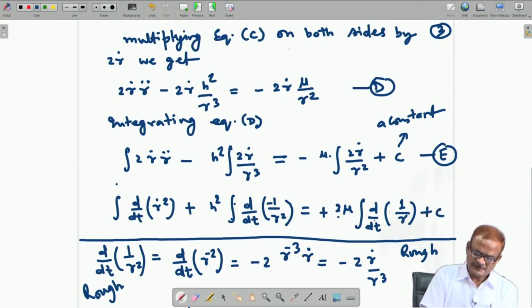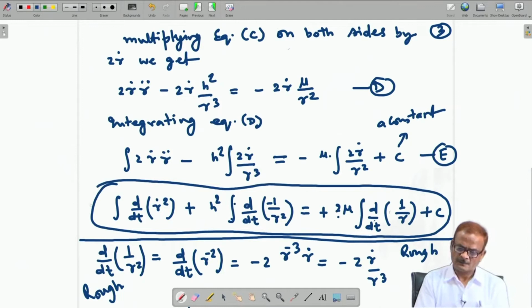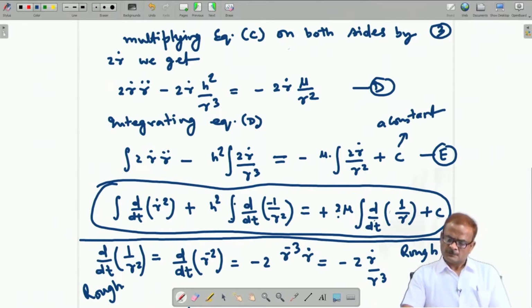Now, we can integrate this expression. Okay.